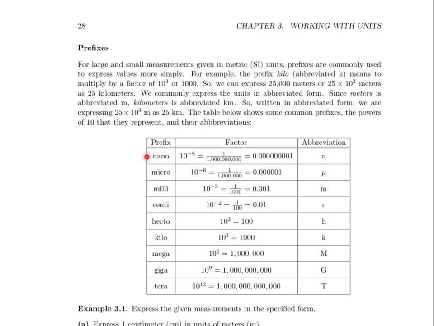So when we use the prefix nano, really what we're doing is multiplying by a factor of a billionth.